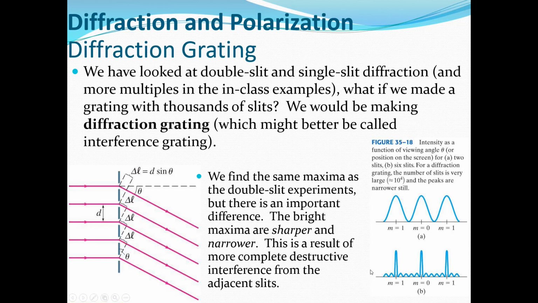So you do get these smaller peaks, but the areas where pretty much all the waves constructively interfere become much sharper, because they're all combined at one spot. Once you deviate even a little bit, a majority of them are no longer constructively interfering. In this diagram, example A represents two slits, while example B represents six slits.